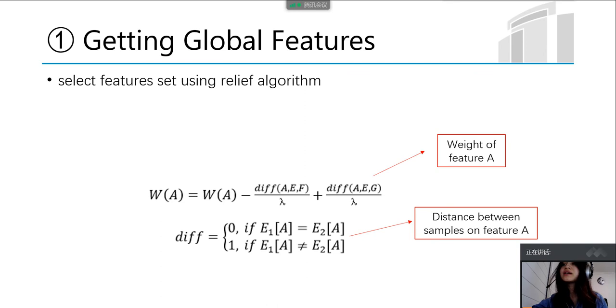Finally, it selects the features with weight greater than 0. The first formula calculates the weight of feature A. The second formula calculates the distance between samples on feature A.